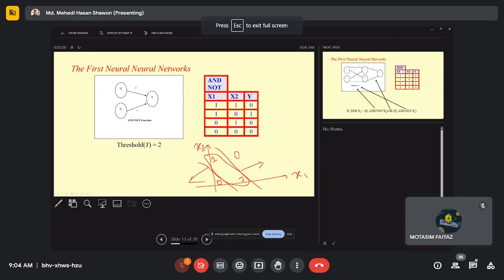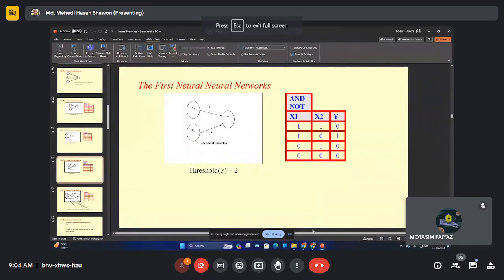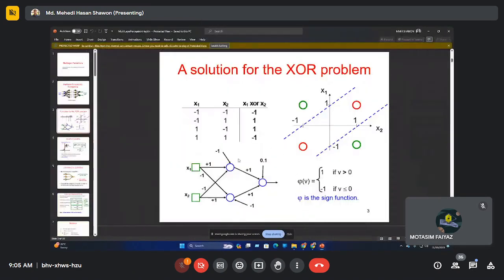Yes, sir. For that reason, we need two neurons in the middle, which construct the hidden layer. Therefore, it draws two straight lines and solves the problem.